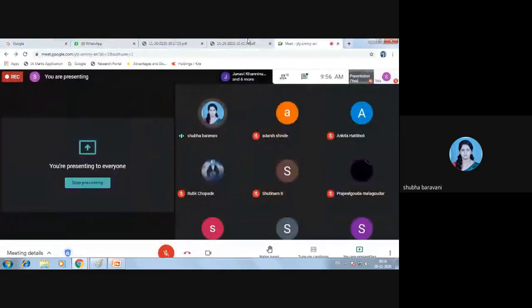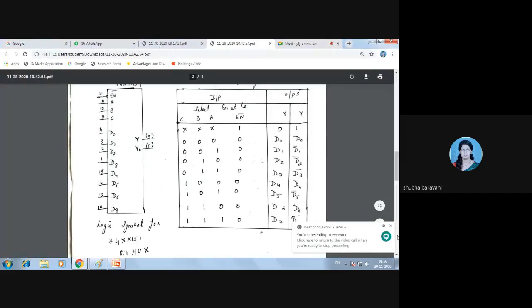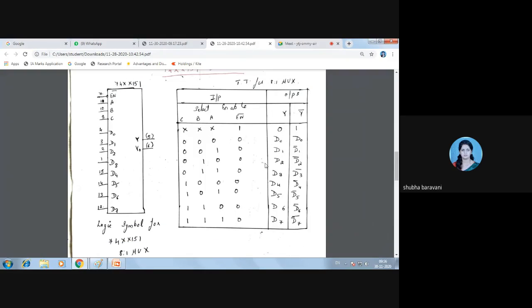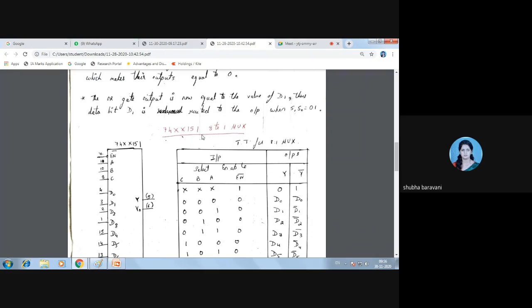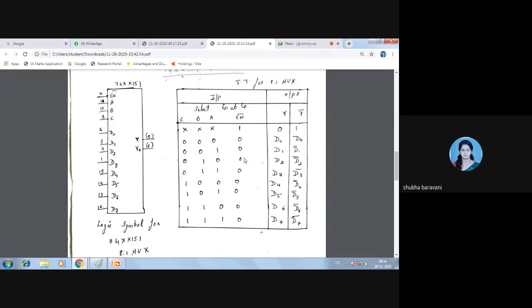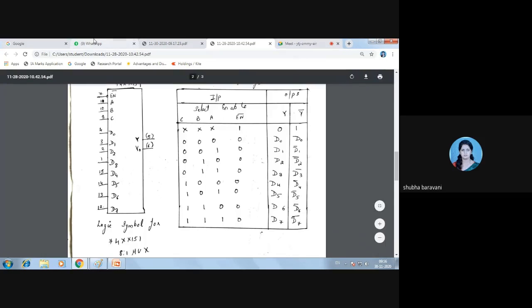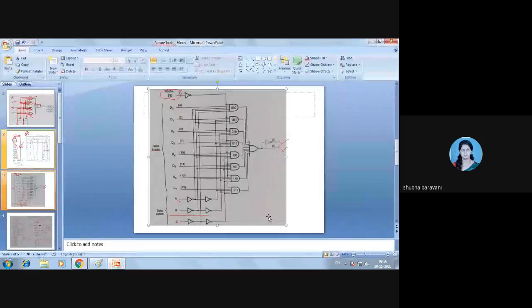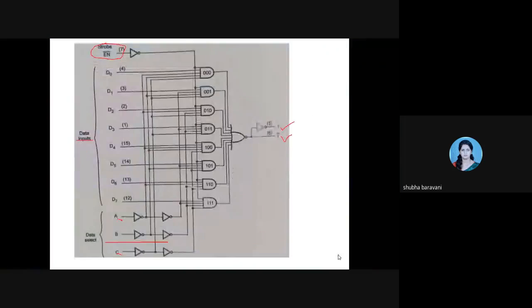So you have to read this function table. This is the truth table for the 8 to 1 mux, IC 74151. Now see, if your enable bar is 1, enable bar is 1 means what?